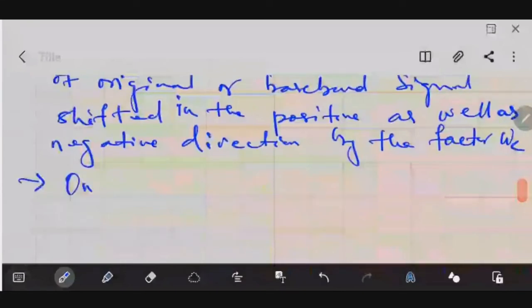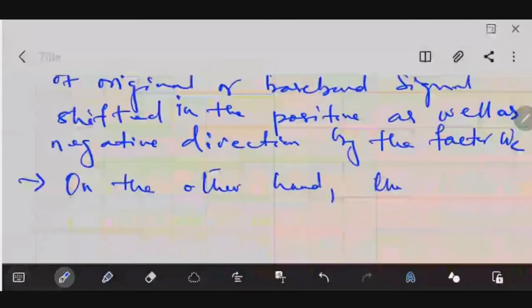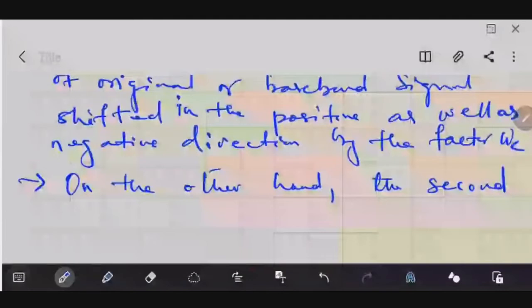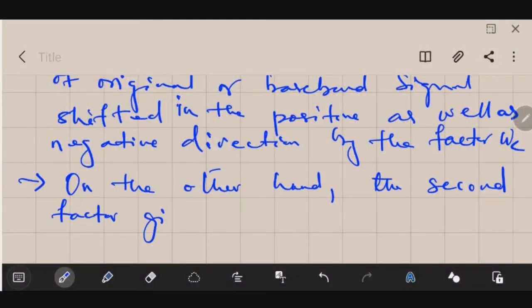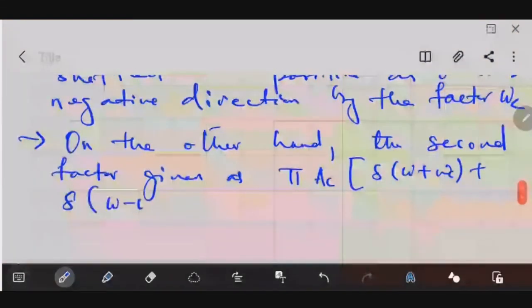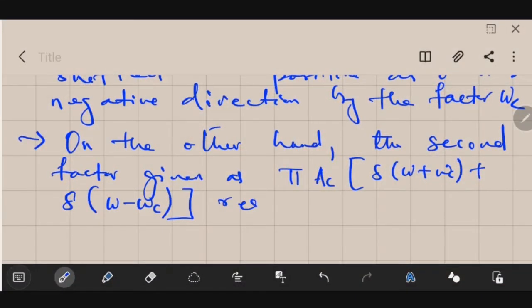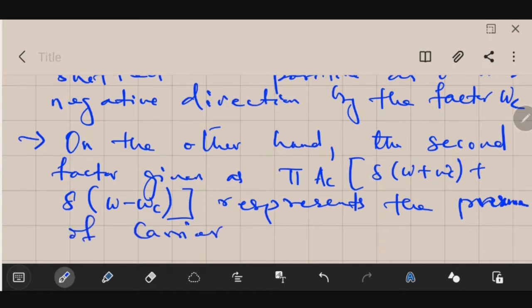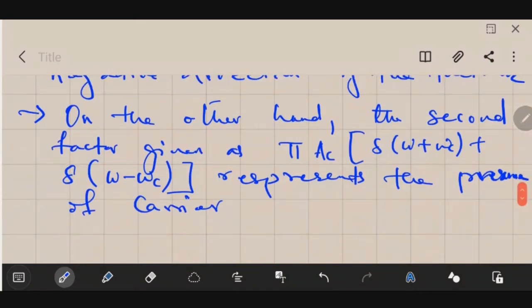Similarly, let us look at the second term. The second factor, which is given as pi AC into delta of omega plus omega C plus delta of omega minus omega C, represents the presence of the carrier signal.